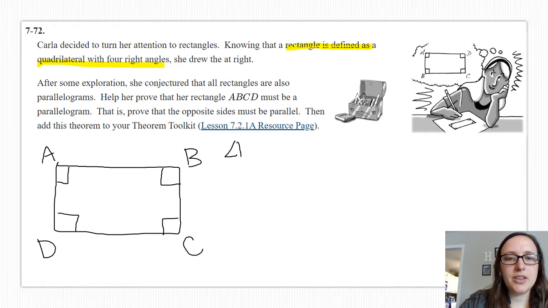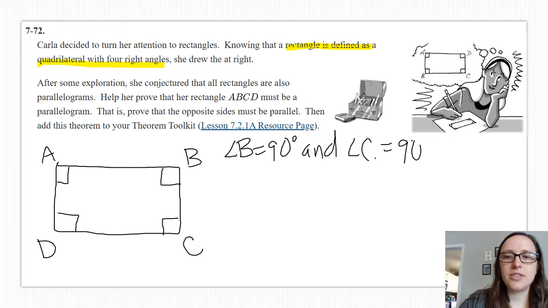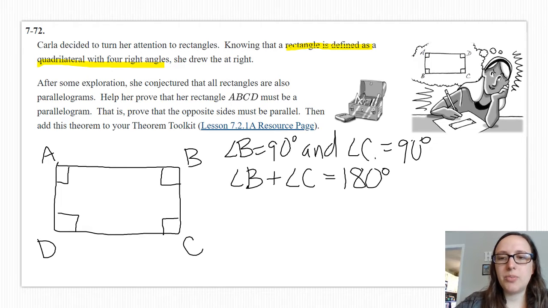So angle B equals 90 degrees, and angle C equals 90 degrees. So then angle B plus angle C, and I should be putting an M in front because it's really the measure of those angles, equals 180 degrees. And my reason is like the addition property and substitution.